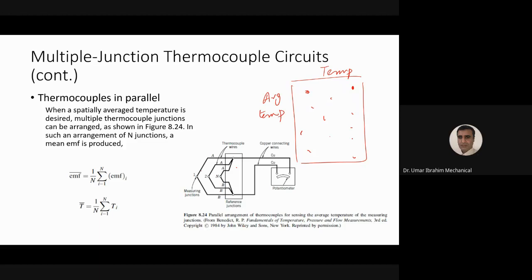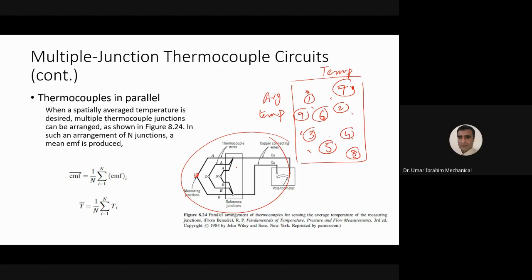If you want to do that, you will create this type of circuitry, and you will place junction 1 here, maybe junction 2 here, maybe junction 3 here, junction 4 here, junction 5 here, junction 6 here, junction 7 here, junction 8 here, junction 9 here. ठीक है?